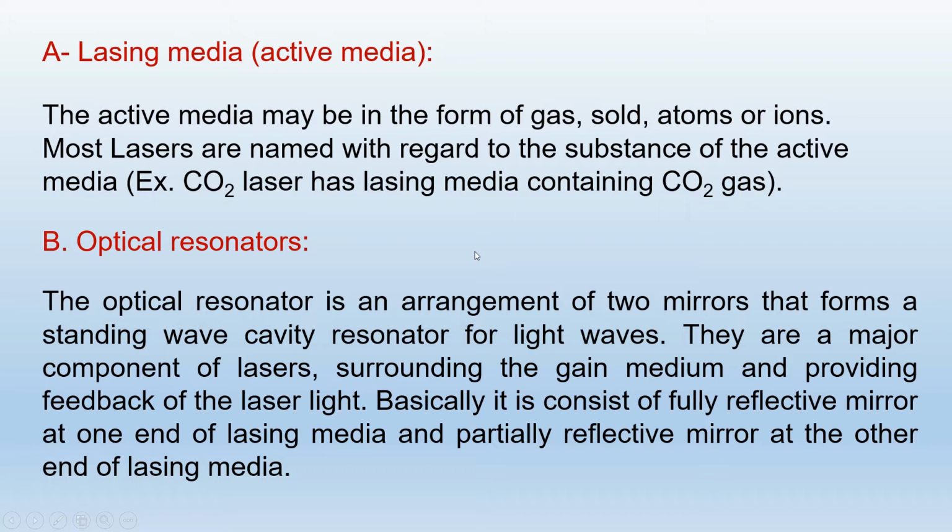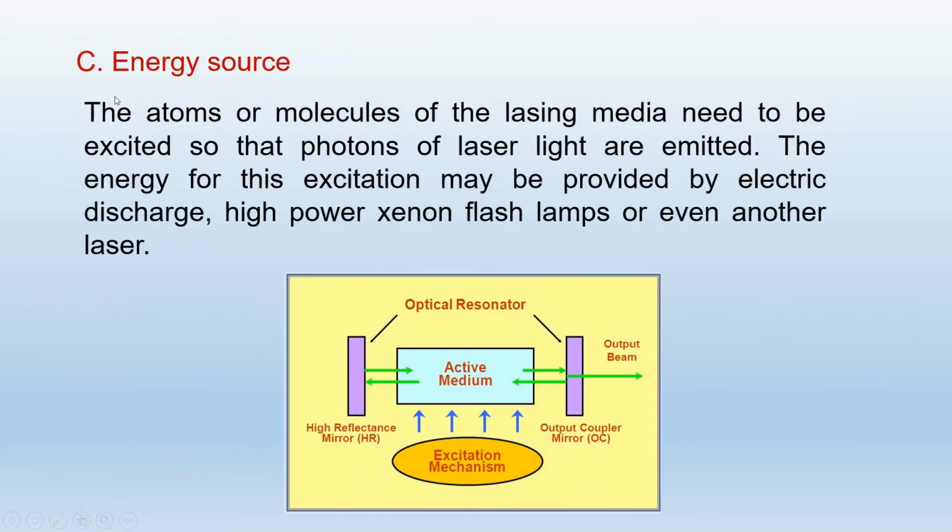يعني هي المسؤولة عن ال amplification of the light by feedback of the laser light. وأكيد نحتاج إلى energy source، وهذا energy source in the form of electric discharge or high power xenon flash lamps or even another form of laser. إذن هذه main 3 components of every laser، اللي هو active media اللي هي تحدد نوع الليزر، اللي ممكن تكون gas، ممكن تكون crystals، ممكن تكون glass. وعندنا excitation energy اللي يسوي excitation للphotons. تتحرك الphotons between 2 optical resonators that make the optical wave cavity اللي يساعد بالamplification of the light.